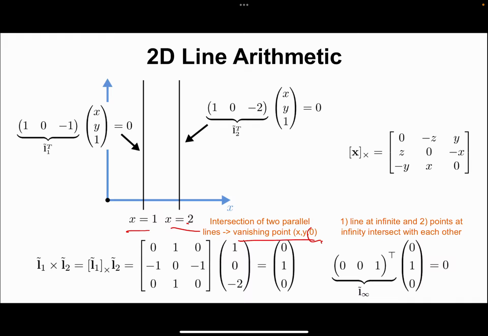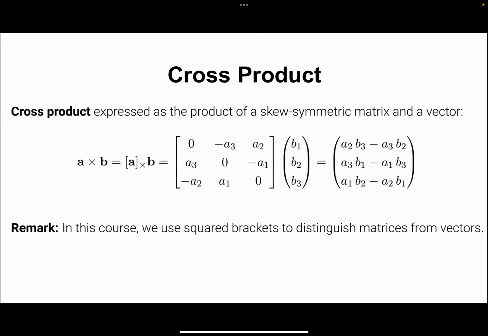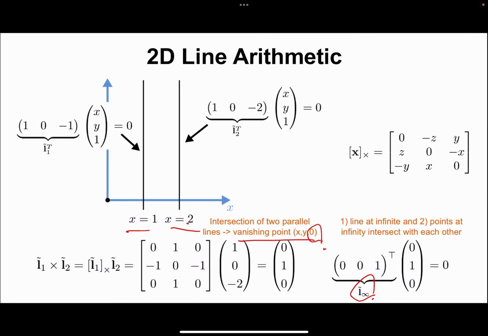Vanishing point means w equals 0. This is the singularity in the homogeneous coordinates. And here we define the line at infinity. They intersect with each other on the line at infinity, a specific example of w equals 0, and the intersection point of these two lines is found by taking the cross product between them.